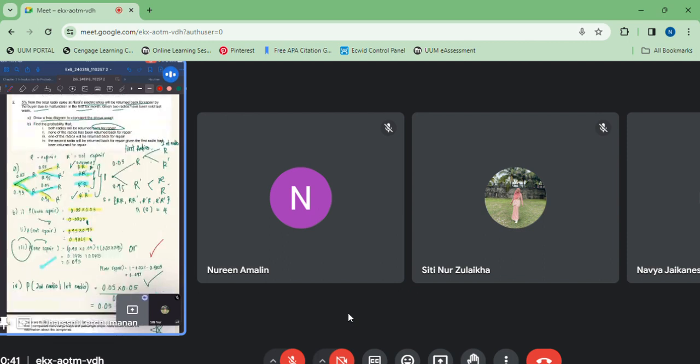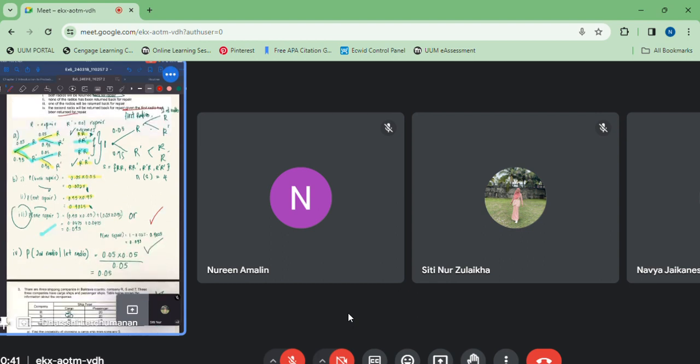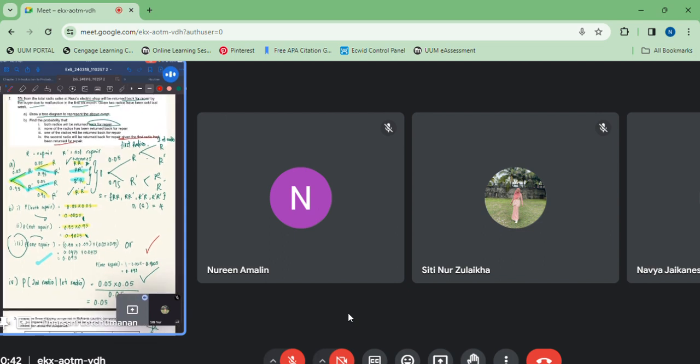Oh, there's another one more. The second radio will be returned for repair, given the first radio had been returned for repair. So this one is basically both sent to repair. Second radio given the first radio. Since they said repair, the probability is 0.05.